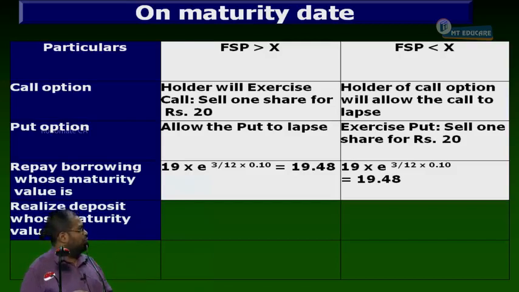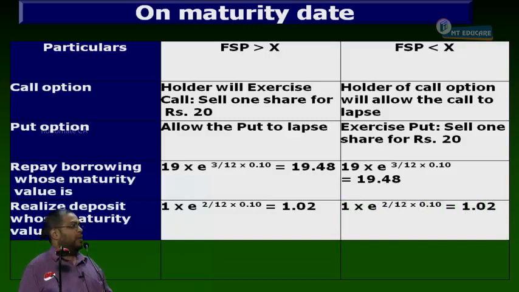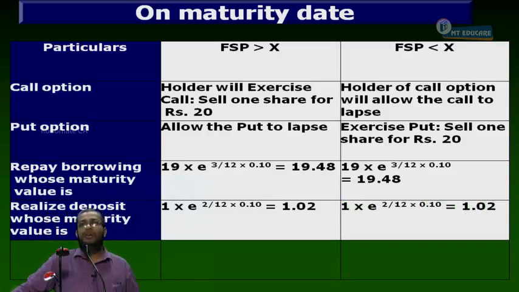How many months here? 2 months. 1 into e power 2 by 12 into 0.10. You believe my number? The 1 rupee compounds to 1.02. Same way, 1 into e power 2 by 12 into 0.10 is 1.02. This is 1 rupee along with the interest compounded.